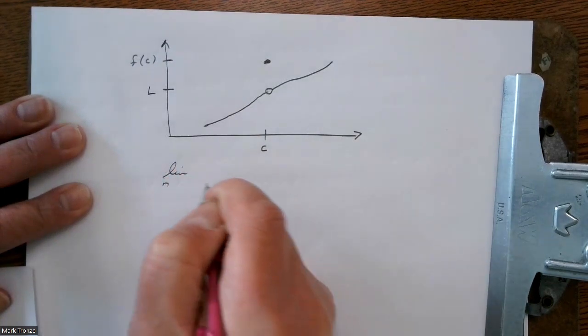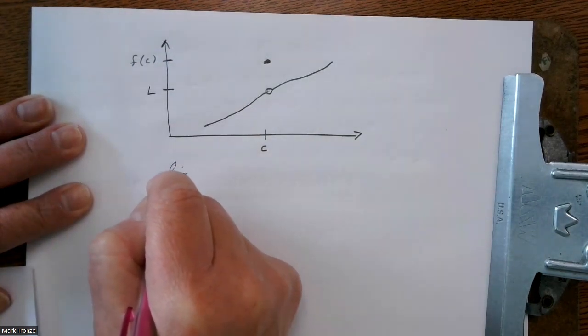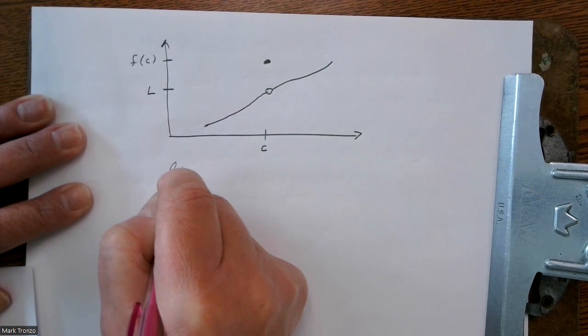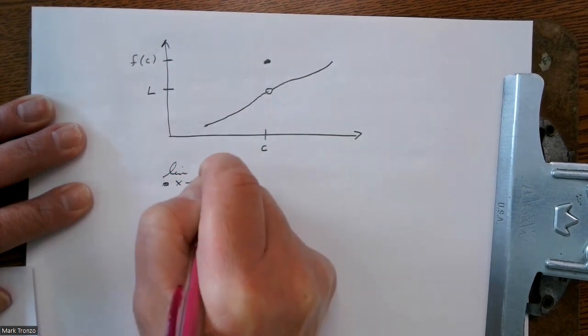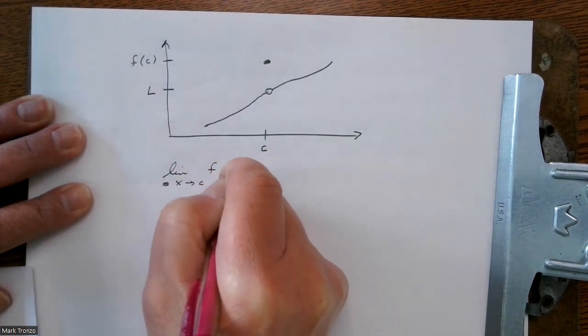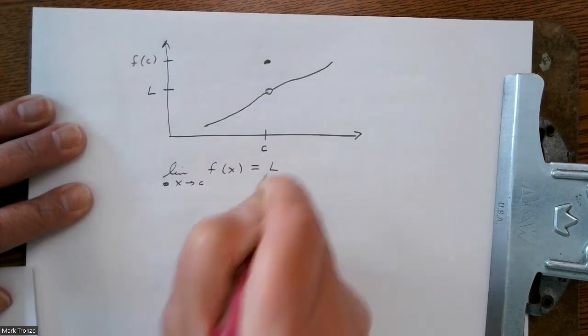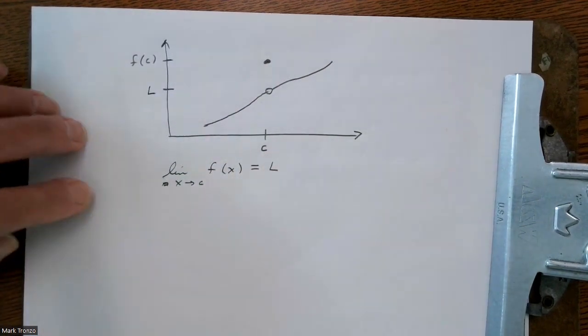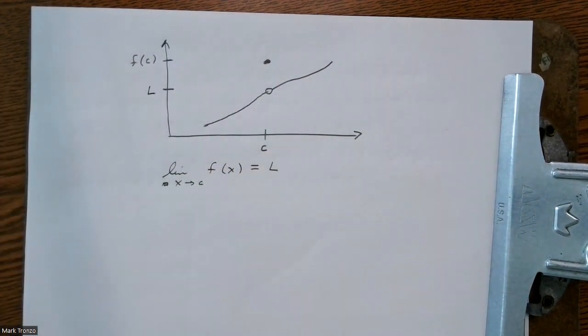The limit as x approaches c of f of x equals L. Remember from calculus, if you have a picture like this, the limit existed, but it's not continuous at c.